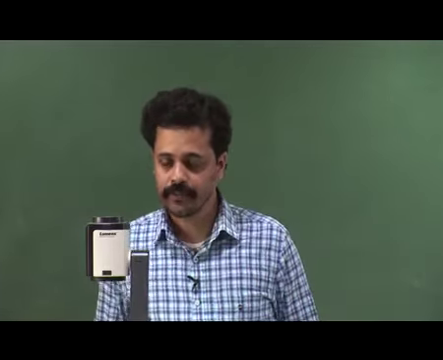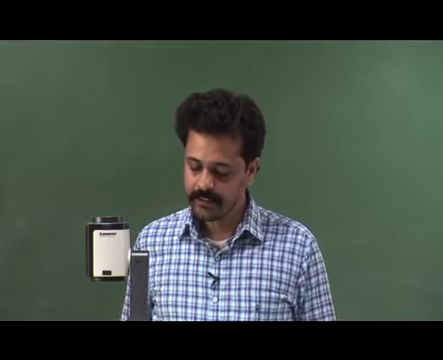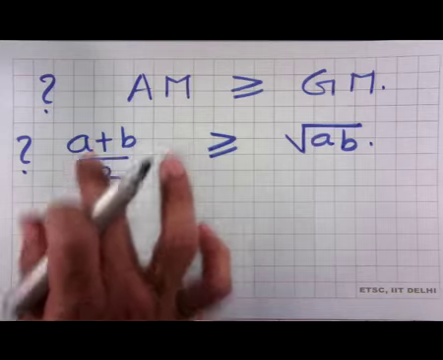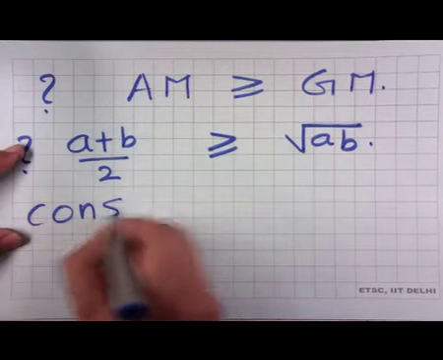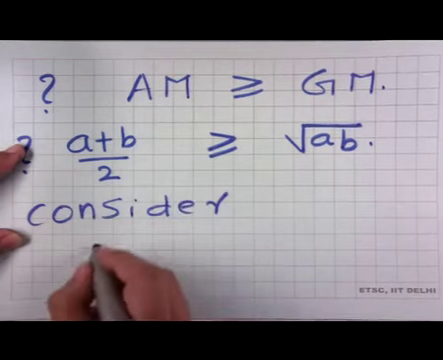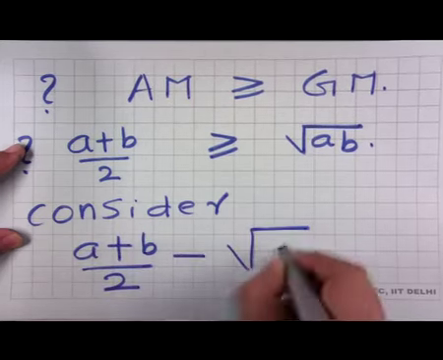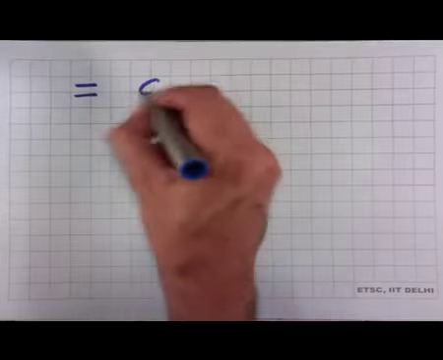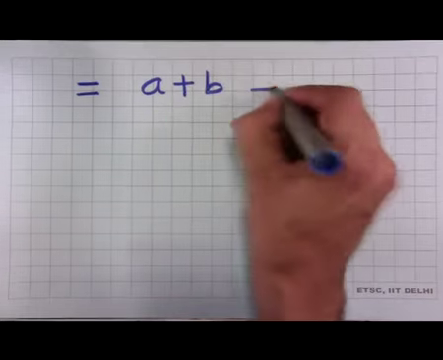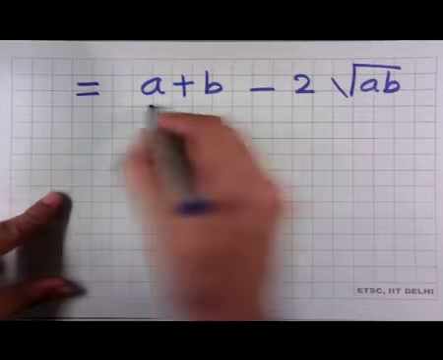It amounts to seeing if the difference AM minus GM is non-negative. So, let us consider the difference. Consider (A plus B) by 2 minus root AB. With a simple manipulation, it is (A plus B minus 2 times root AB) by 2.